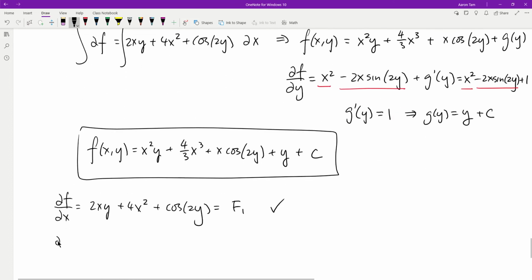If I take our answer f and take the derivative with respect to y, I get x squared minus 2x sine 2y plus 1, which is exactly what f2 is. So that checks out also, and therefore shows that our answer should be correct.